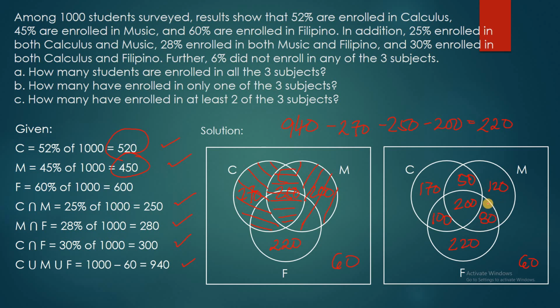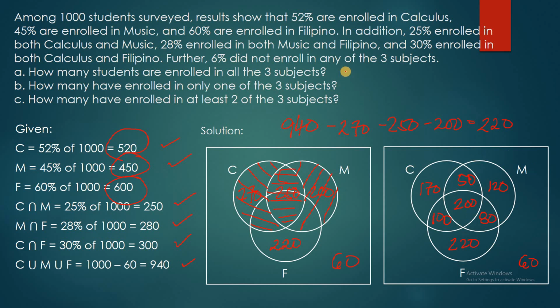So again, if I recheck this, I have 200 plus 120 plus 80 plus 50. That is exactly 450. So that's correct. Then finally, for set F, this should be exactly 600. So set F here, 220 plus 80, that's 300, plus 100 plus 200 is exactly 600. So my Venn diagram now is complete.